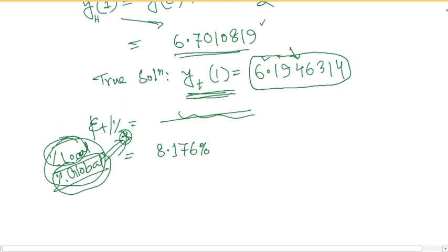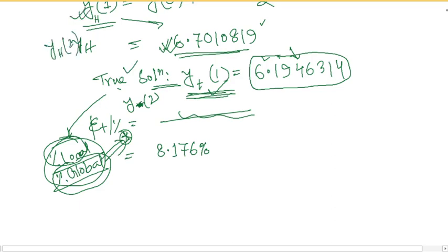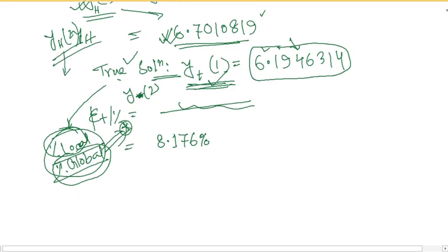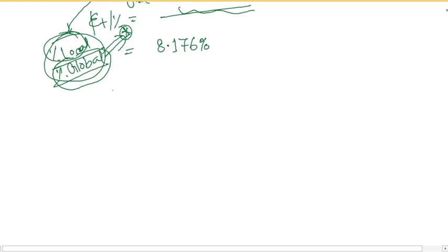If you use this one, you will get the local error for the next step. If you use this one, you will get the global error for the next step, and what you get will be called YH. If you use true value, you are only getting the local error, and what you get as Y2 is not YH. And if you use this one, that will be actually YH2, and that will be propagated further. However, let's go to the next step.